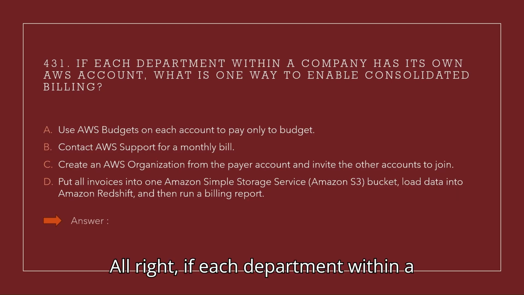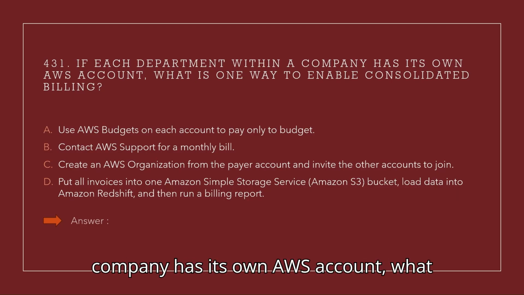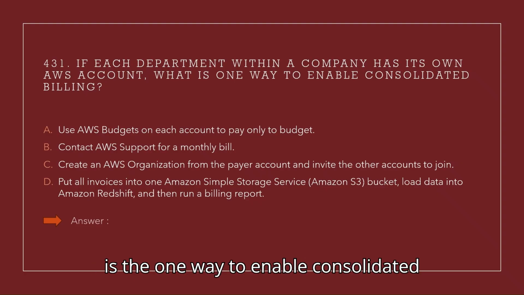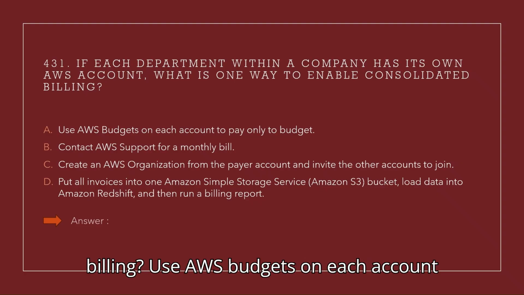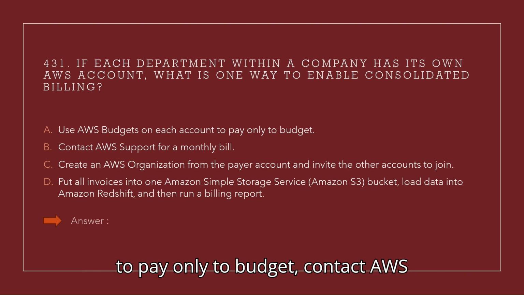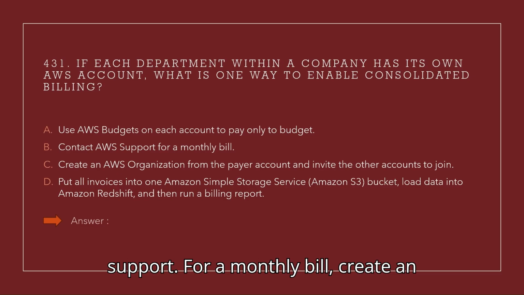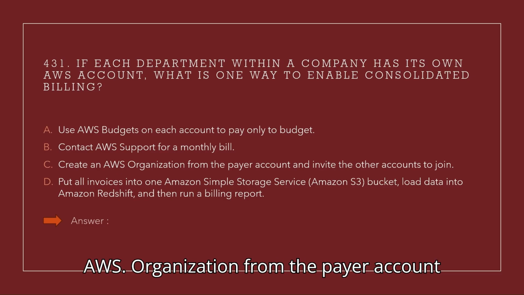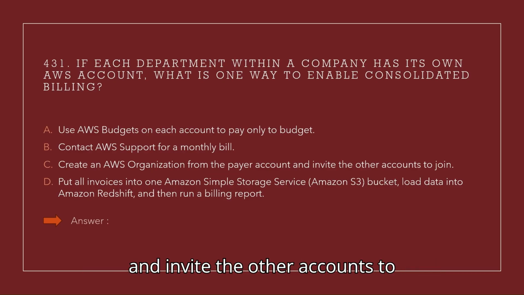All right. If each department within a company has its own AWS account, what is the one way to enable consolidated billing? Use AWS Budgets on each account to pay only to budget. Contact AWS Support for a monthly bill. Create an AWS organization from the payer account and invite the other accounts to join.